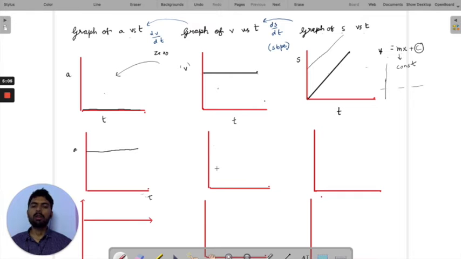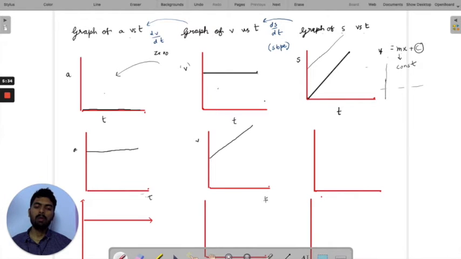So when the slope is constant, we know that the graph is supposed to be a straight line. So the v versus t is supposed to be a straight line with a positive slope, because a is positive here. This is your graph of v versus t, isn't it?